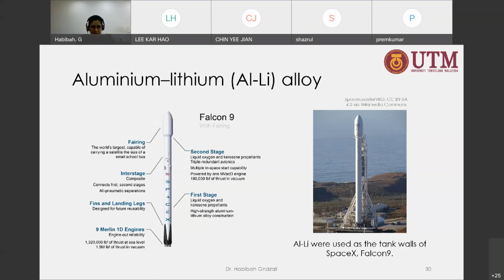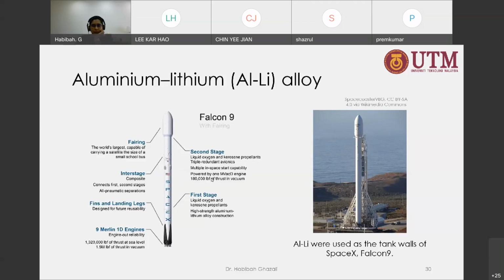So the high strength aluminum lithium alloy is used here in the Falcon 9, the tank wall for the SpaceX Falcon 9. All right, another application where they have used aluminum lithium is the frame structure, as I showed you just then, in the A380 Airbus as well. So that's where this aluminum is being used.